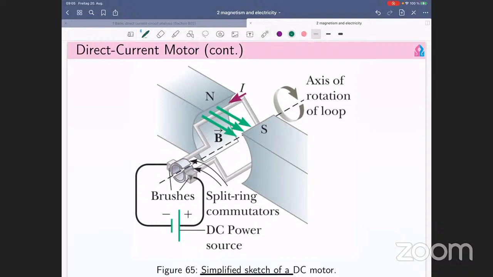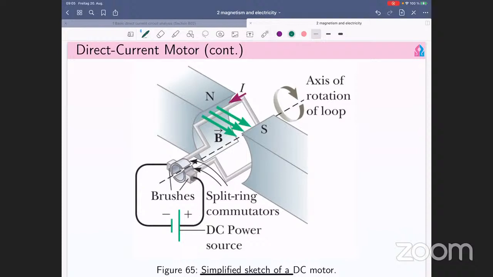And the one for the negative side is connected to the conductor, and it just takes the electrons from this side of the direct current power source.